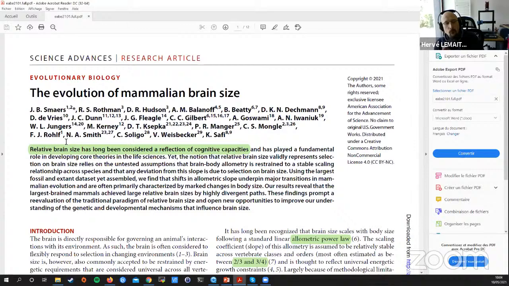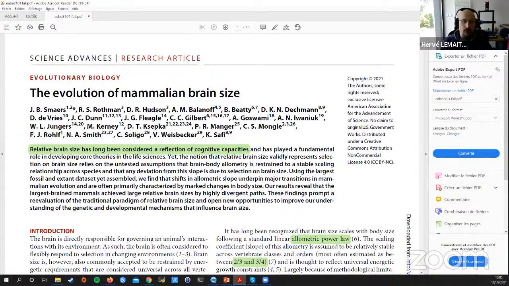As Victor showed us, brain size is important, so you need to take it into account. One interesting thing is that when you do structural neuroimaging, one main confounding variable you want to take into account is the brain size.